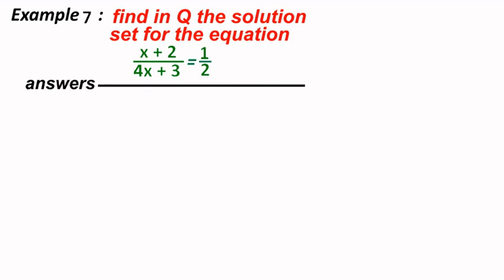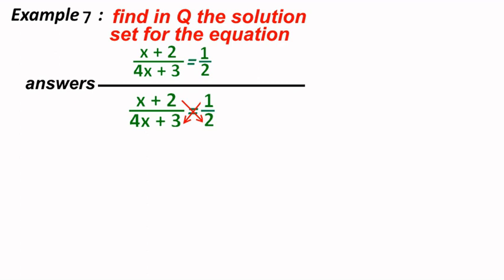So the first step for solving this example is to make a scissors, or cross multiplication. Multiply the up of the left hand side by the down of the right hand side, and the down of the left hand side by the up of the right hand side. So multiply 2 by x plus 2 and 1 times 4x plus 3.